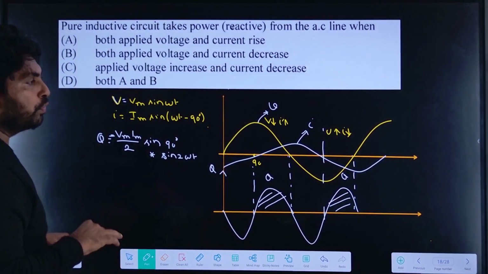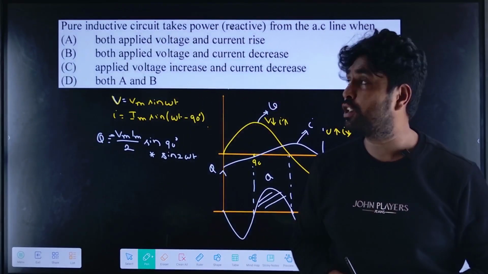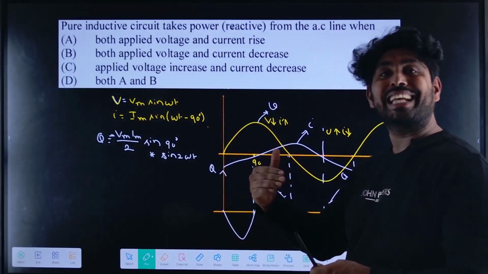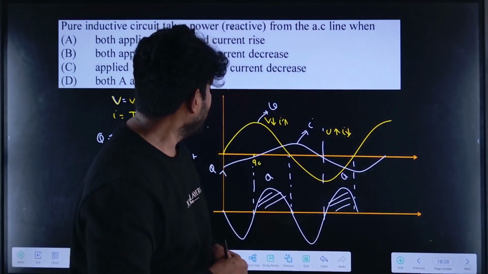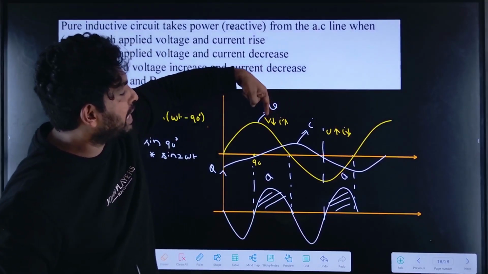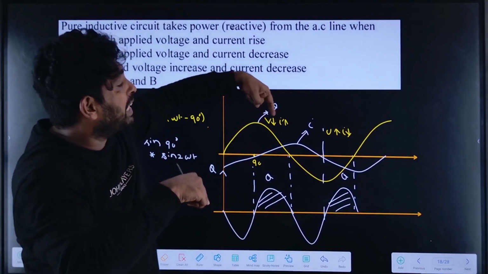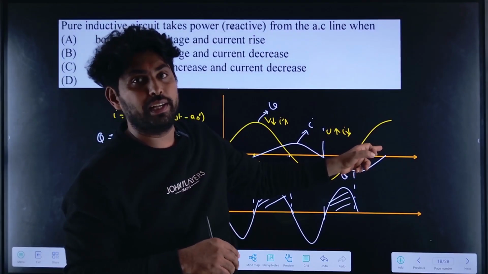So now we can answer. When Q is positive, the inductor takes the reactive power from the supply. During that condition, there are two cases: voltage falling and current rising, and in the second case, voltage rising and current falling.